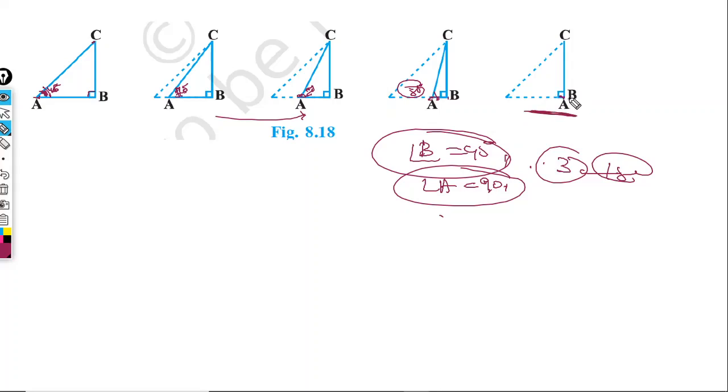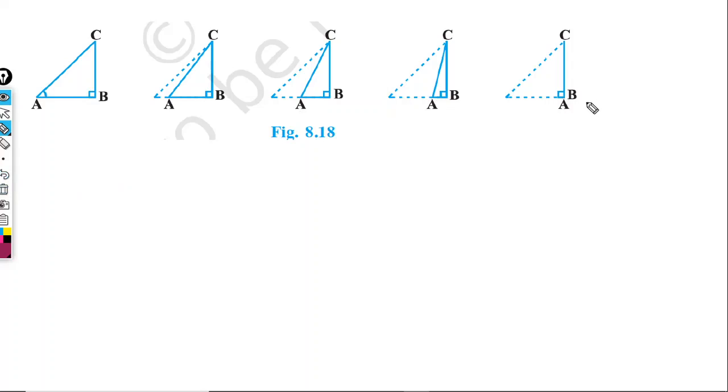in this stage A and B have coincided, so that we can say angle A is what? Here angle A is equal to 90 degree. When angle A becomes 90, I'll clear it out. Here angle A is equal to 90 degree. So in this stage, when angle A is equal to 90, this BC and this AC will coincide.